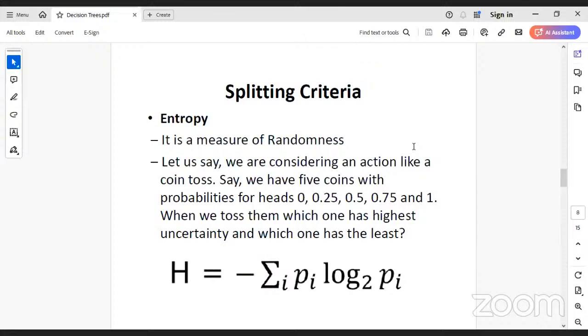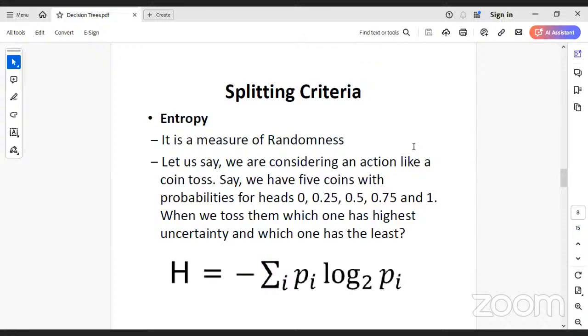If you say entropy, they may also ask you the formula. So the formula is minus sigma pi log pi to the base 2. This is the formula of entropy. Entropy is error. So we will use this entropy formula on each and every attribute. Whichever attribute has the lowest entropy value will be treated as the root node.